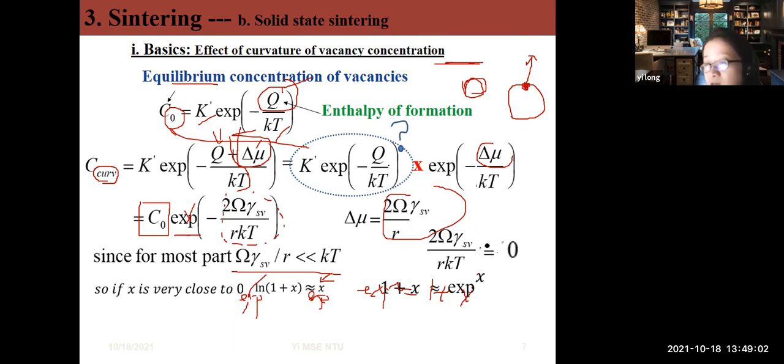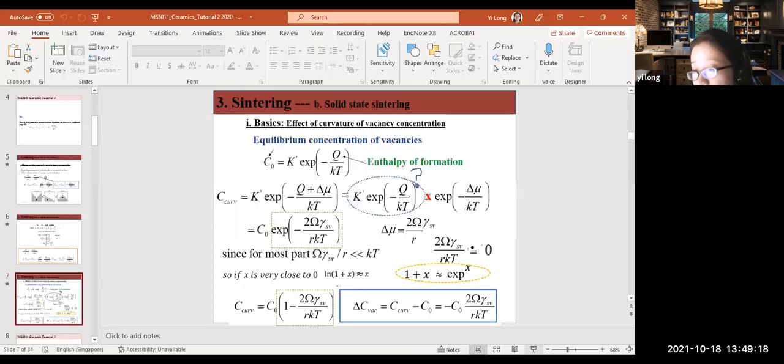So that's what we see here. 1 plus x is equal to exponential x. 1 plus x equals exponential x, if I put exponential on both sides. Then you're very happy. Now this one is a bit messy, so I just discard and rewrite.